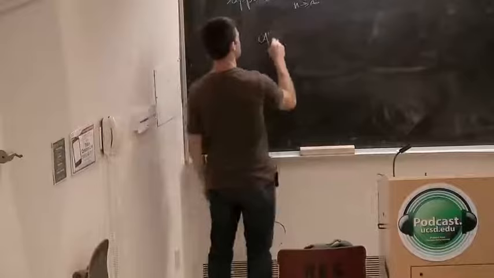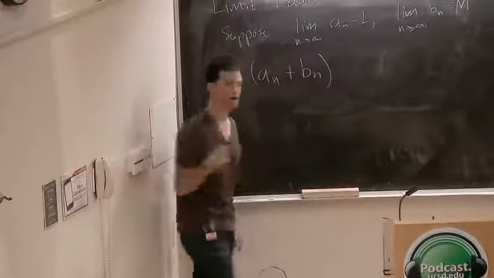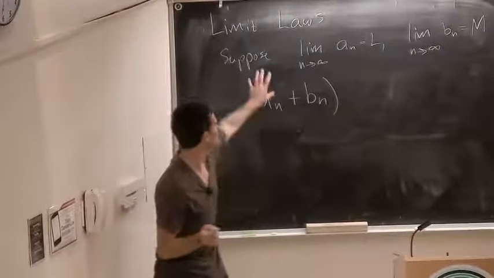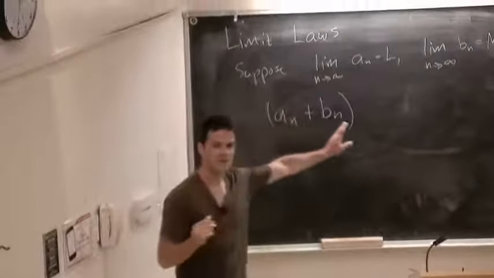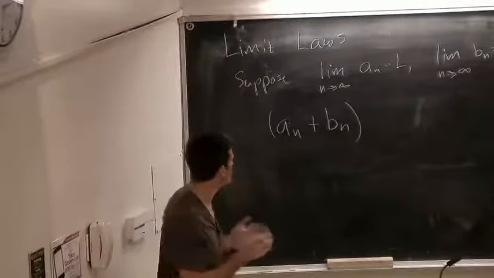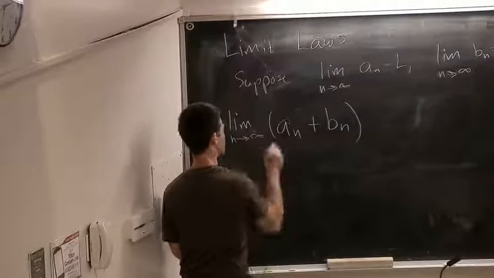Let's say I want to add them together, a_n plus b_n, and then take the limit. What you'll find for these limit laws is usually it does just what you hope it would do. So what would we hope the limit of the sum is?